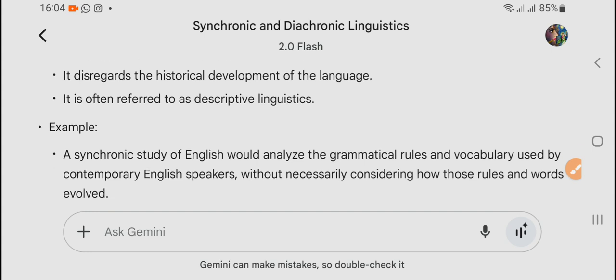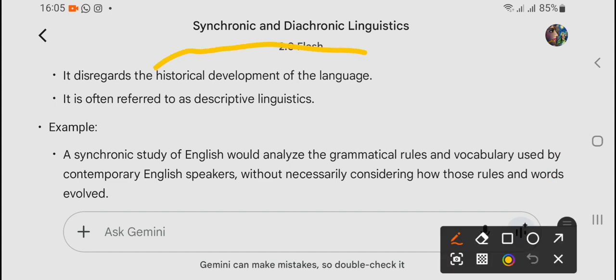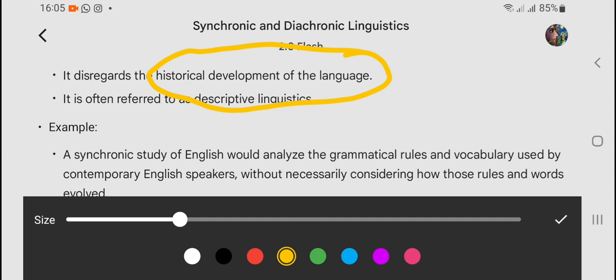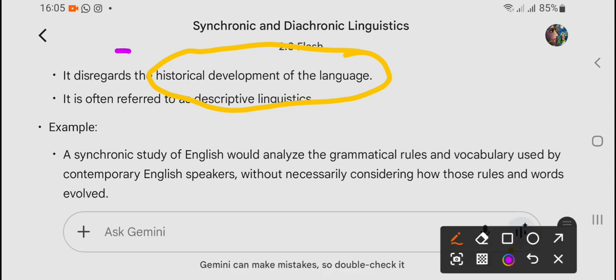Then it disregards the historical development of language. Synchronic linguistics disregards the historical development of language. They don't want to discuss it.